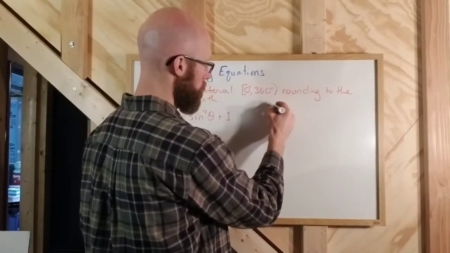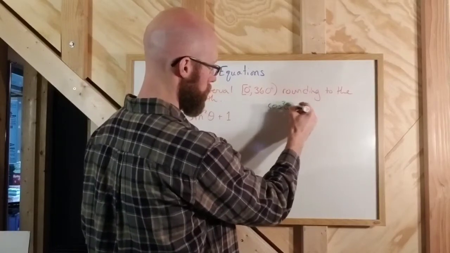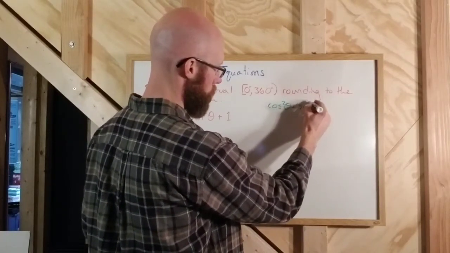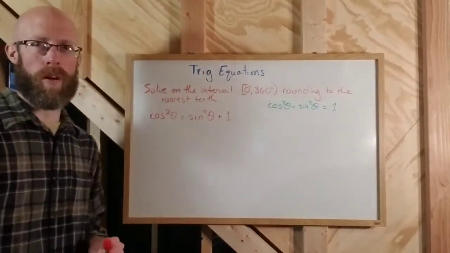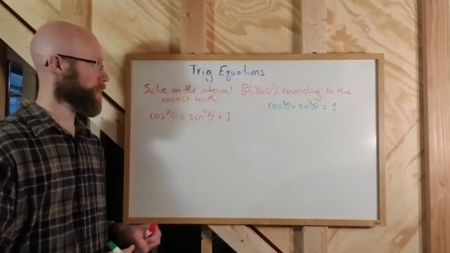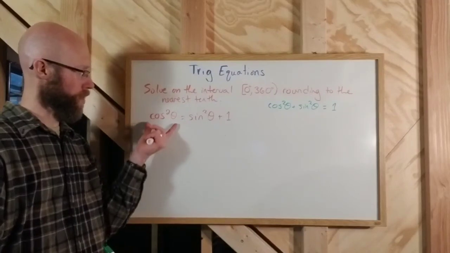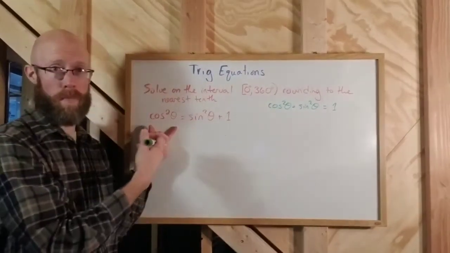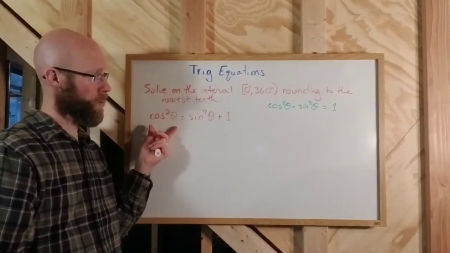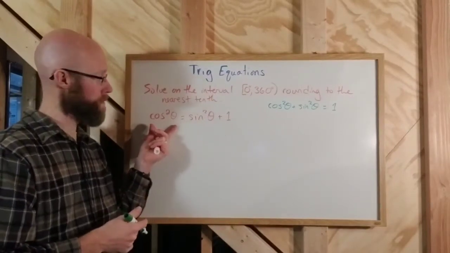The cosine squared theta plus the sine squared theta equals 1, or sine squared plus cosine squared, however you want to write that. Well, if I were to solve for the cosine squared, this is an identity, so this is true for every angle. I'm not solving for a particular angle there.